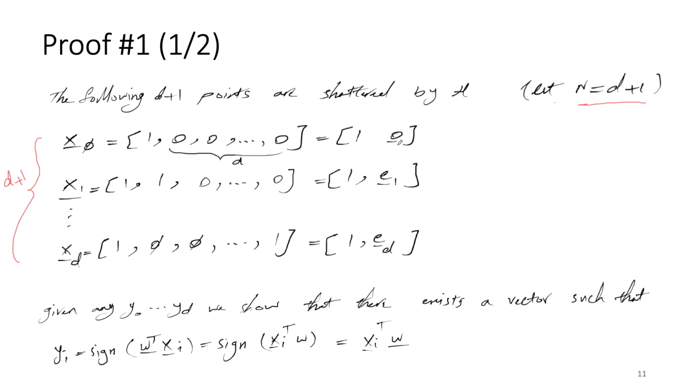In order to provide a proof for number 1, given any y from y0 up to yd, we show that there exists a vector w such that this value holds. This is the value of the perceptron: the sign of w transpose xi is equal to the sign of xi transpose w, so you change it, and that itself is going to be equal to xi transpose w.